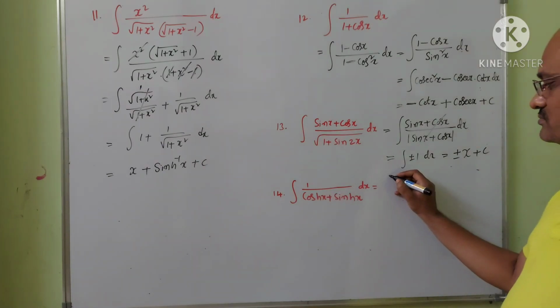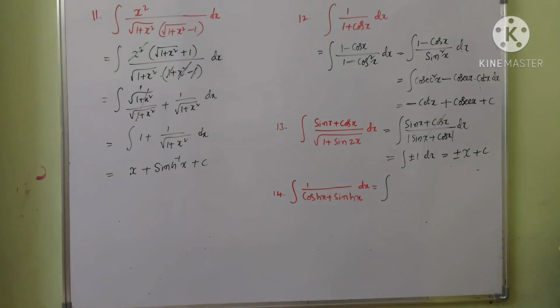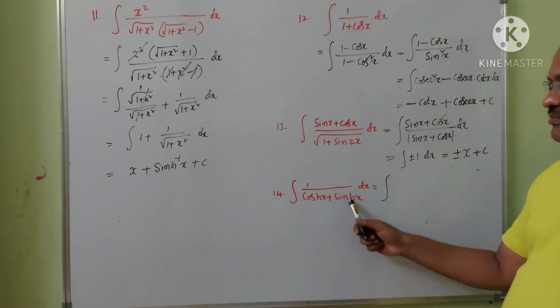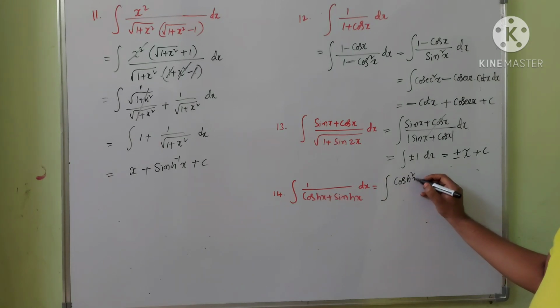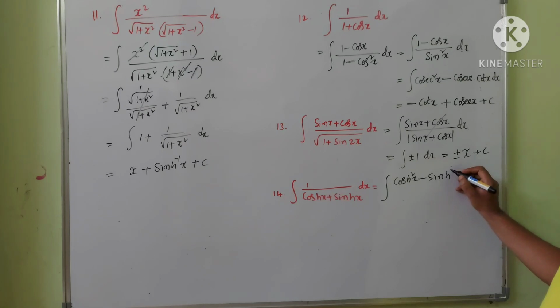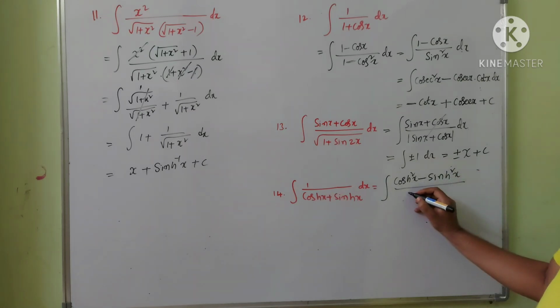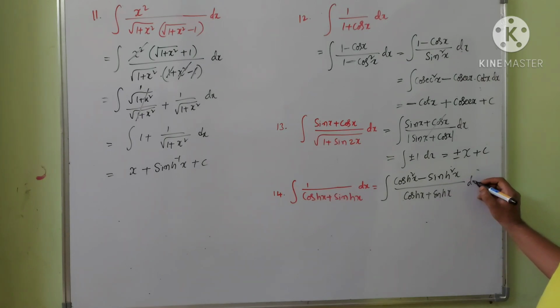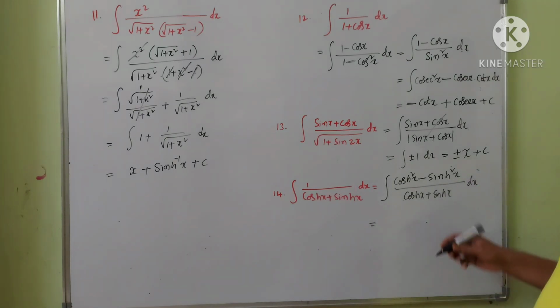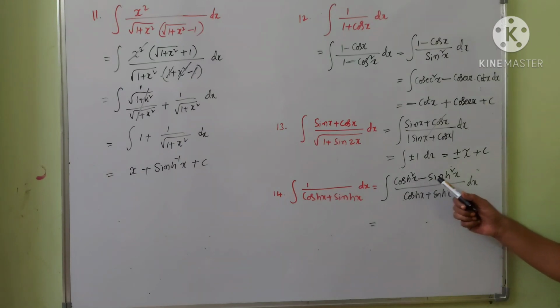Now let's do this. 1 by cos hx plus sin hx. These are hyperbolic functions. In hyperbolic functions, the identity is 1 can be written as cos h square x minus sin h square x by cos hx plus sin hx. Now look at the numerator, it is in the form a square minus b square.